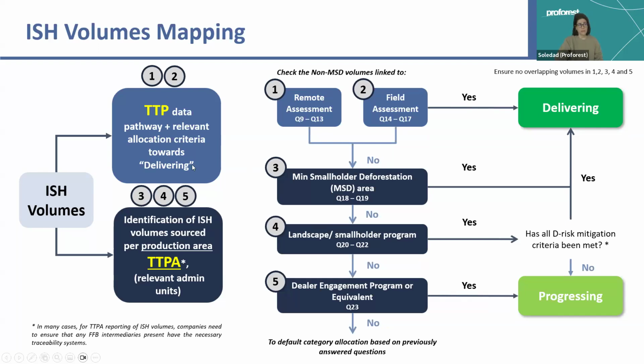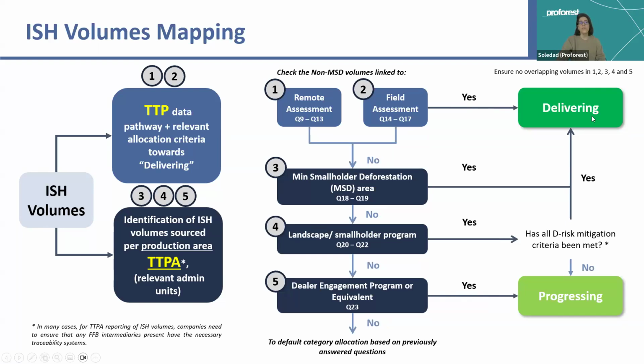If you don't have that granular traceability and then you have to go into the route of traceability to production area, or TTPA, then firstly, you will have to check whether you have enough visibility on the volumes coming from a village. If you have that, you could use the MSD layer to check whether your volumes come from a minimal smallholder deforestation area.